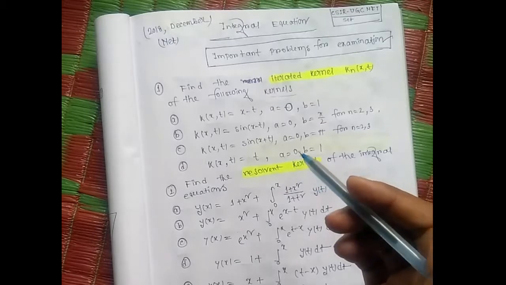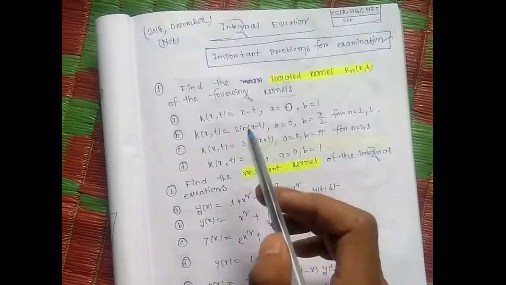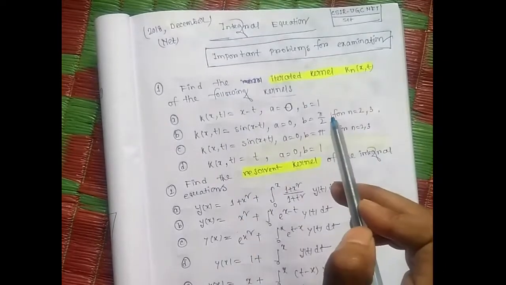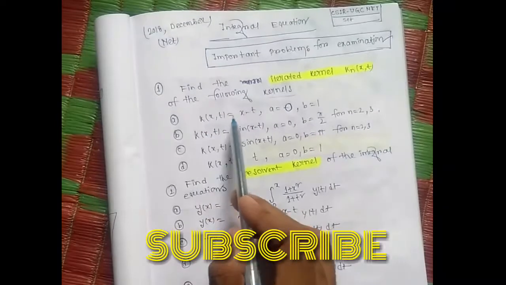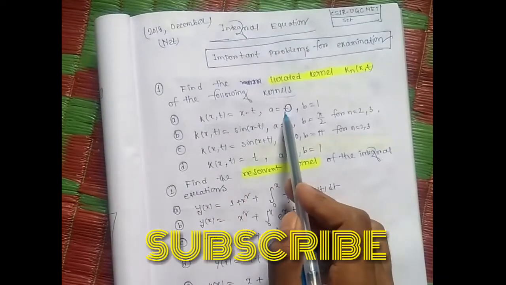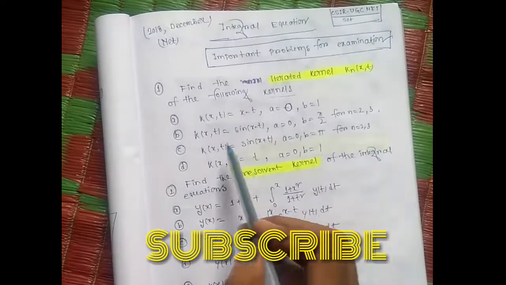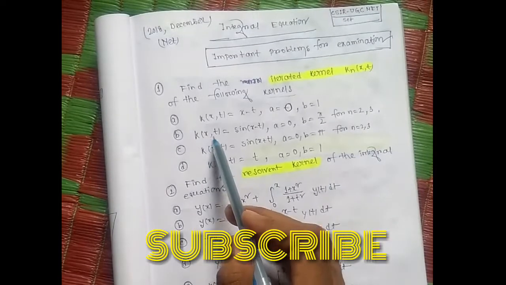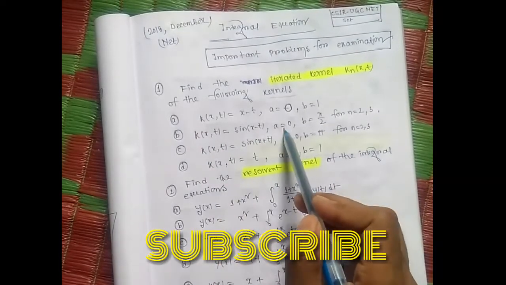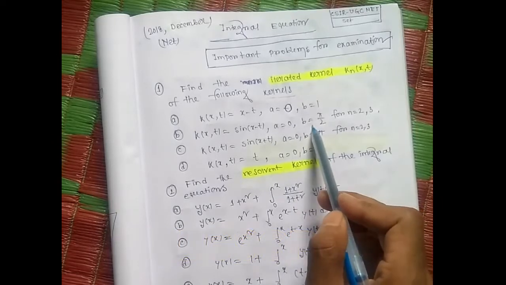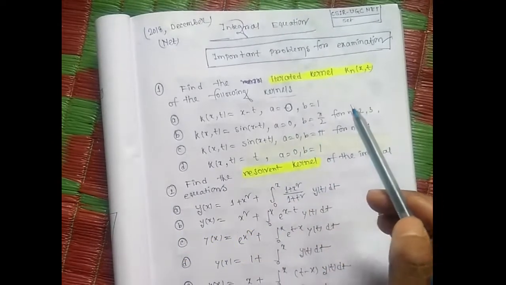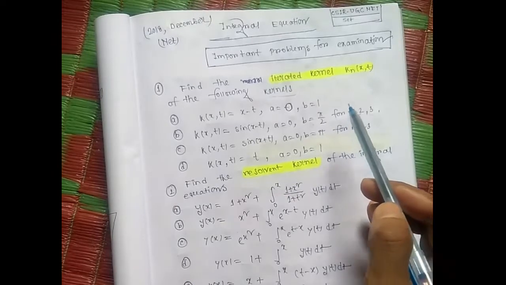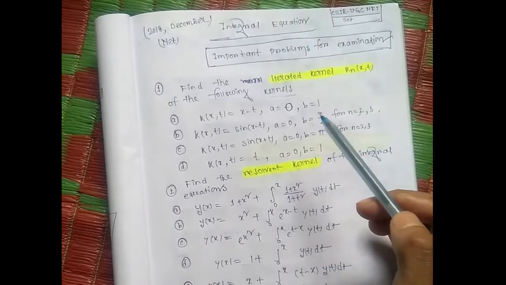Now, question number one is to find the iterated kernels K_n(x,t) of the following kernels. Number 1: K(x,t) is x minus t, where the lower limit is 0 and the upper limit is 1. Number 2: K(x,t) is sin(x minus t), where the lower limit is 0 and the upper limit is pi by 2, for n equal to 2 and 3, that is, we have to find the iterated kernels K2(x,t) and K3(x,t).